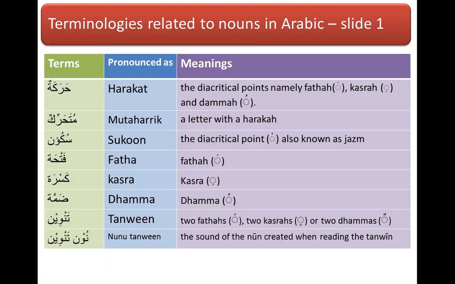First one is haraka. Fatha, Kasra and Dhamma, all these are harakat in Arabic language. Fatha is called as haraka, Kasra is called as haraka, and Dhamma is also called as haraka.